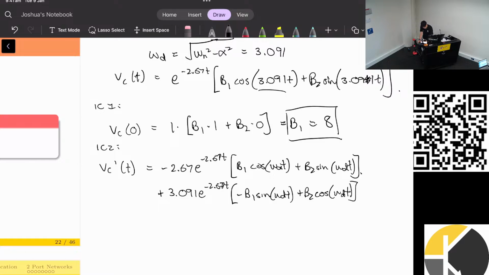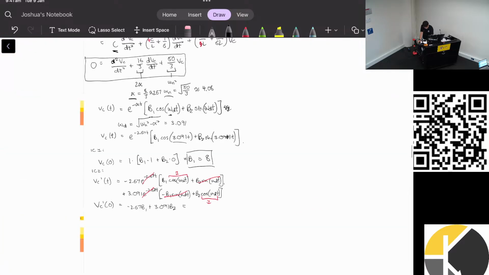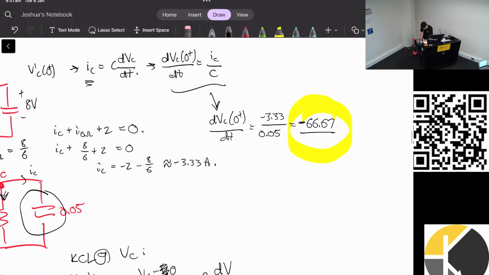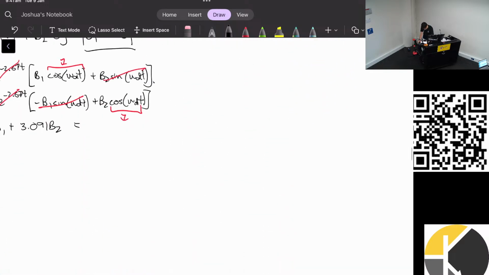Subbing in t equals 0 now. So what do we actually have left? This will disappear, this whole thing will disappear, this will disappear, this whole thing will disappear. This just becomes 1, same with this one. So then we have minus 2.67 b1 plus 3.091 b2, and that is meant to equal our initial derivative, which is minus 66.67.